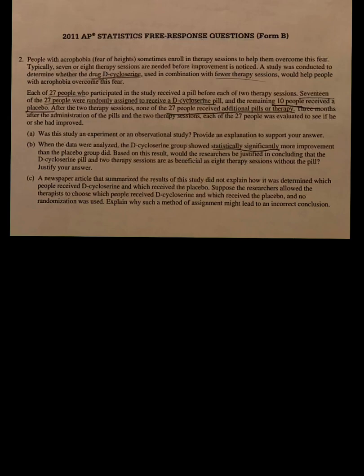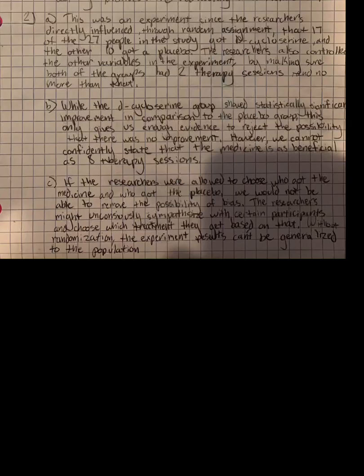So this is saying that they did a hypothesis test, found the p-value, and the p-value was less than whatever alpha value they were using, which means that there was a statistically significant improvement that wasn't caused just by random chance, which means that obviously the D-cycloserine had some sort of positive effect on the people taking it. Okay, so now that we know we're talking about statistical significance, we know how to answer those types of questions when we're doing hypothesis tests.